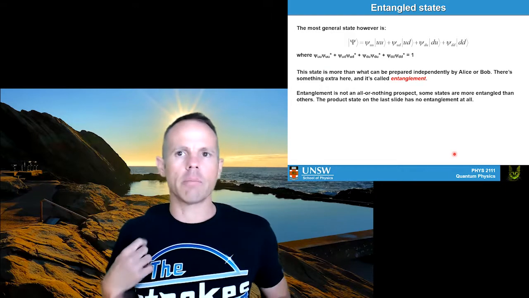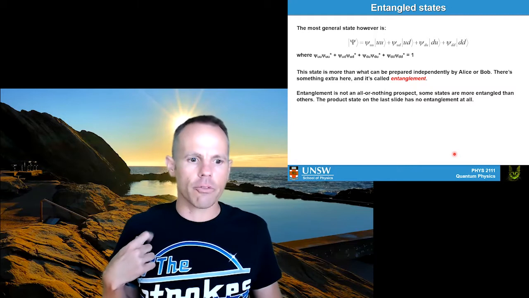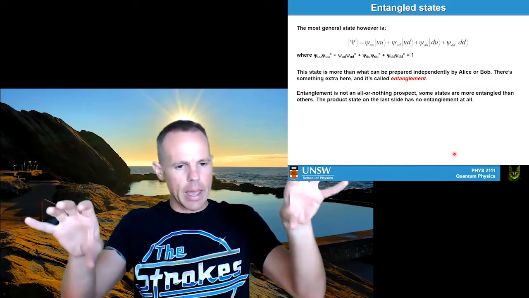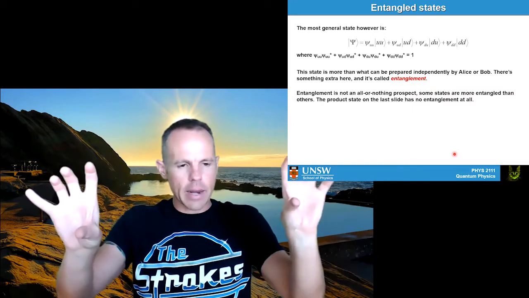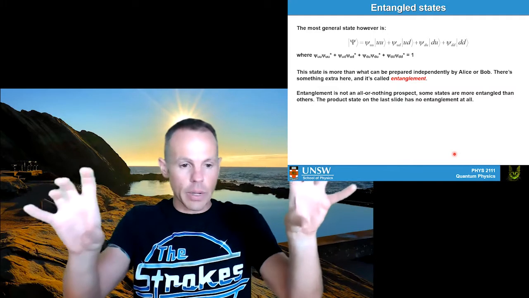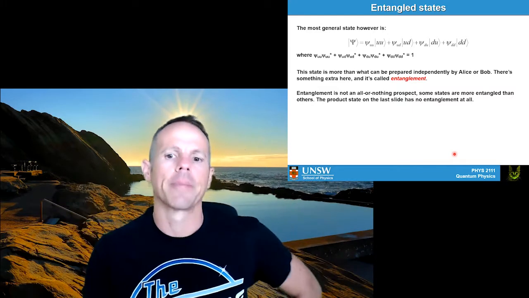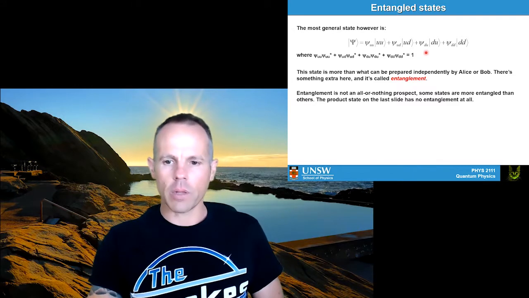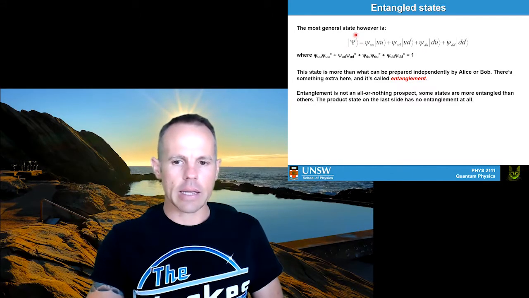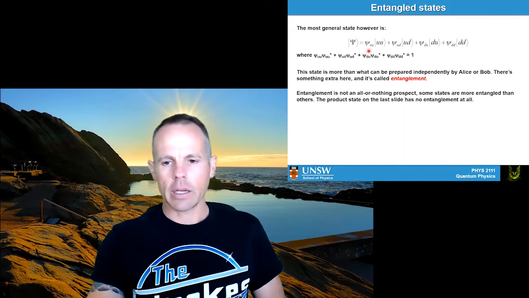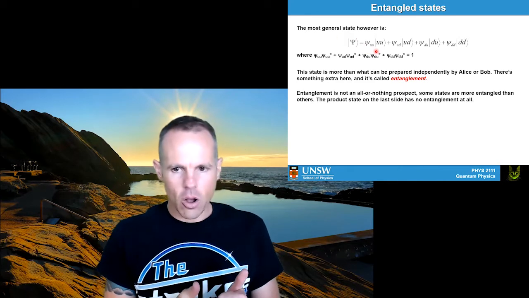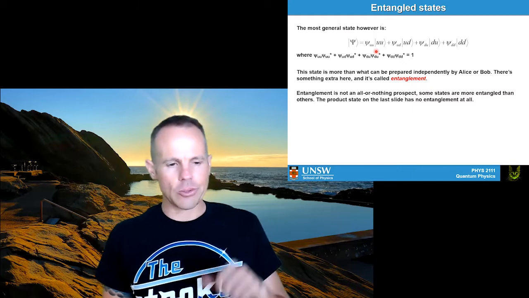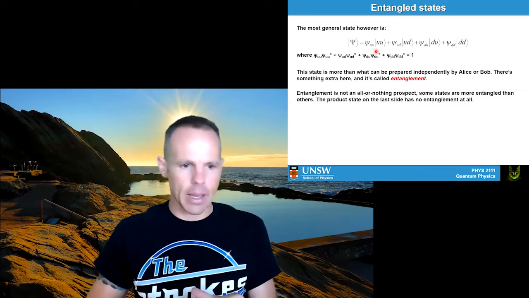Then what we can do is write more general states where we basically have built-in connections between the two systems, in much the same way that in the first half of the lecture we had Charlie prepare states for Alice and Bob that had some sort of correlation between the states of the systems that came down. The most general way to write this is in a form that looks like this. Our state in the combined space is basically a linear combination of all the possible options: up, up, up, down, down, up, down, down.